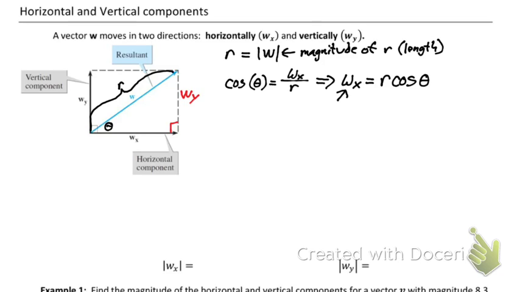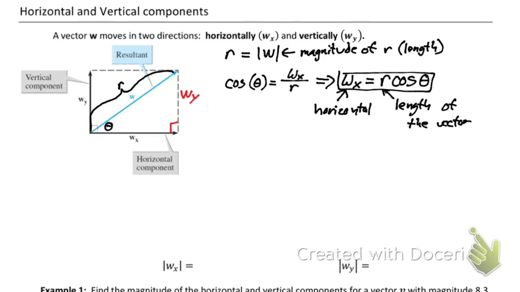In other words, our horizontal is going to equal the length of the radius, or length of our vector, times cosine theta, whatever angle they give you. So that is our component form. Horizontal movement equals r times cosine theta, where r is the length of our vector.